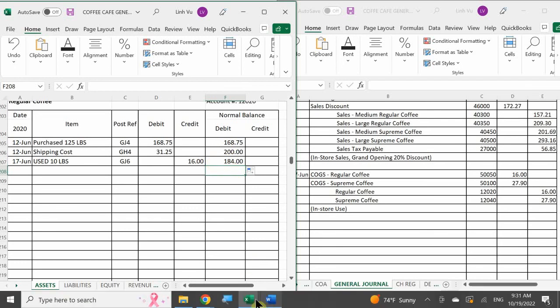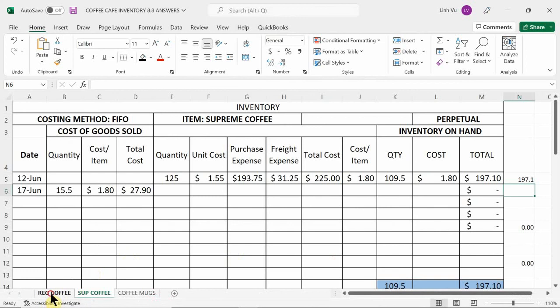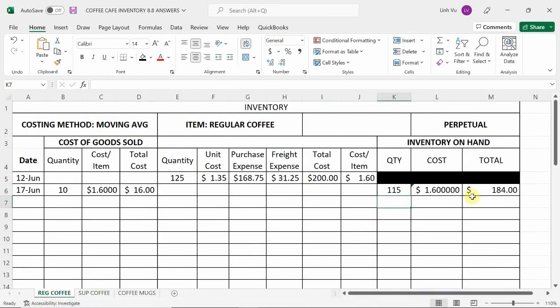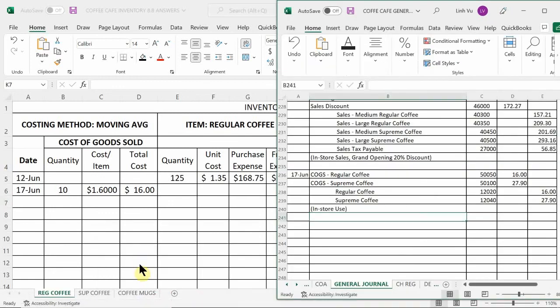Where do you see 184 before? You should recognize that in your inventory worksheet. The ledger will stay true because you're typing in all the numbers, so you need to match your ledger to the inventory worksheet to make sure you're doing the calculations correctly. Or the inventory worksheet must match the ledger.